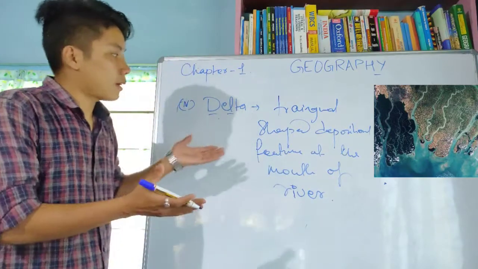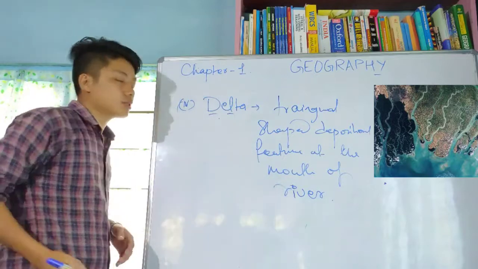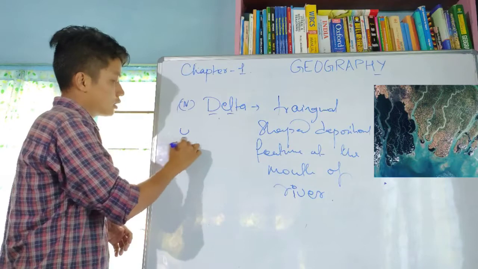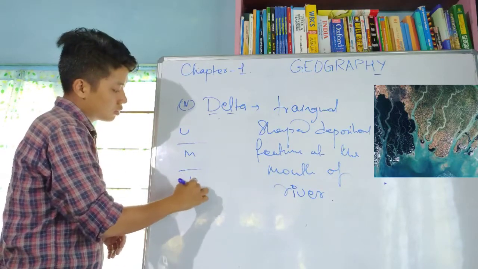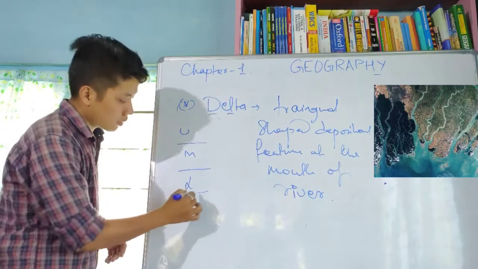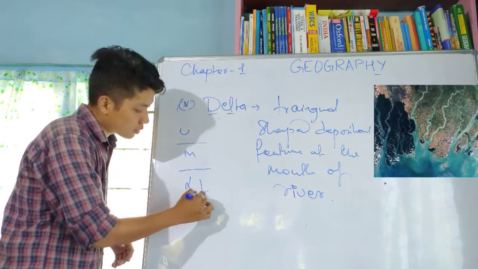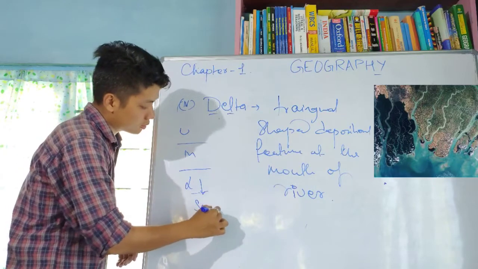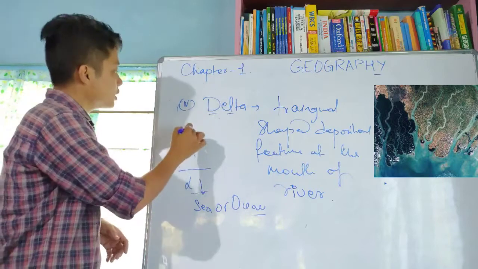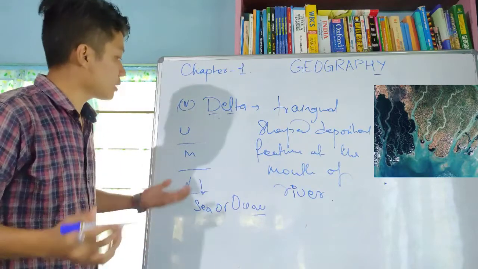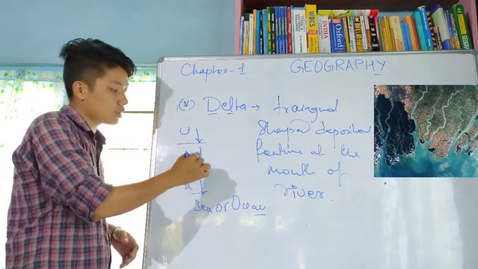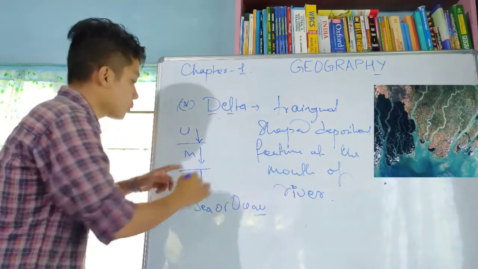Because of floods and all, the river passes through three stages. I already told you, upper course, then it comes to the middle course, and then the lower course. In this lower course, the river usually meets the sea or ocean. All the materials, sand, silts, stones, pebbles, gravels, are brought down from the upper course to the middle course, and from the middle course to the lower course, and deposited over here.